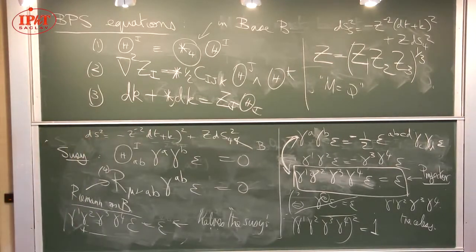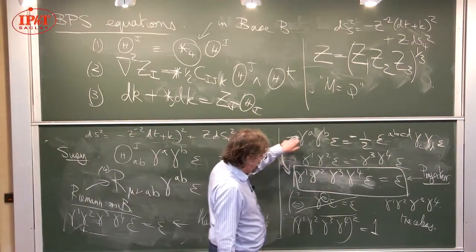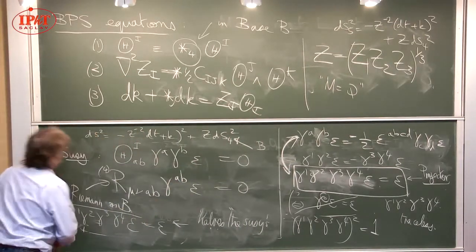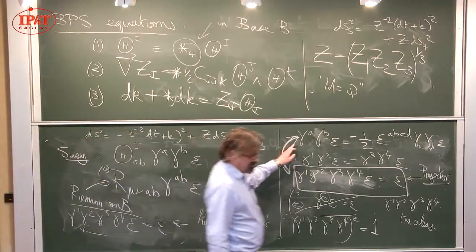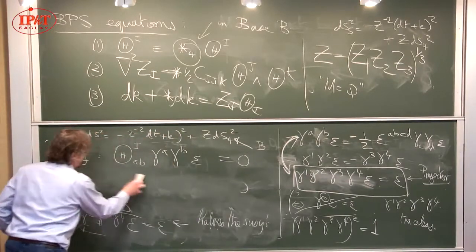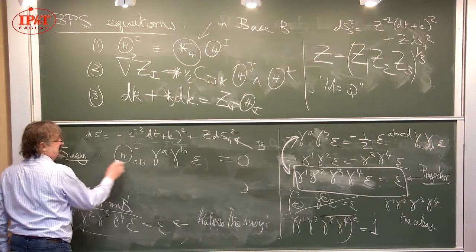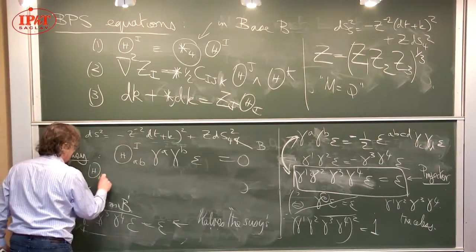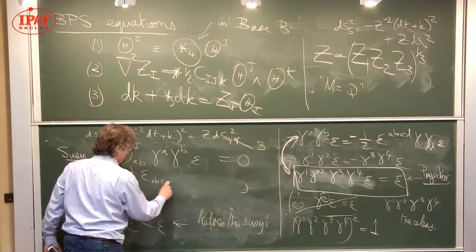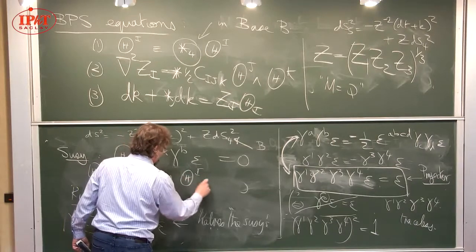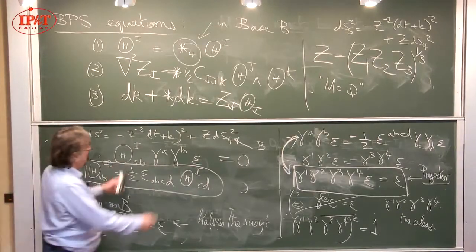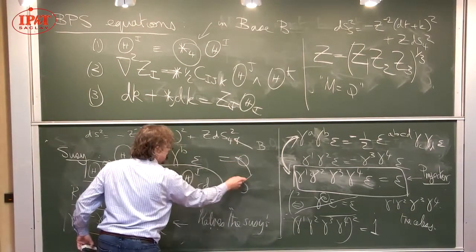And now the important point is when you look at requiring this or this, you see that implicitly the gamma AB epsilon must be equal to its dual. And so, having this condition be 0, let me come back to this one, means that for this to be 0, if you have theta AB I equal to 1/2 epsilon AB CD theta I CD, then this condition plus this condition implies that.